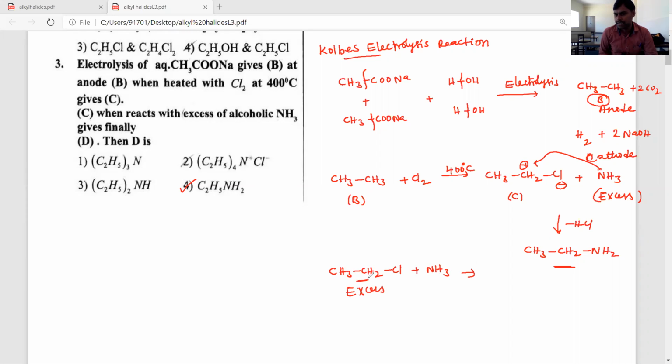It is in excess, so it will react with 4 moles. Then the product is (C2H5)4N plus Cl minus plus loss of 3 HCl. Okay, quaternary ammonium salt will form.